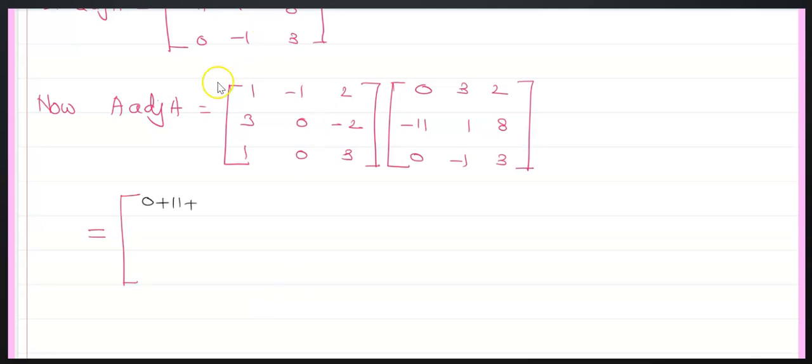Multiply it. First row, first column: 1 into 0 is 0, minus 1 into minus 11 is 11, and 2 into 0 is 0. First row, second column: 1 into 3 is 3, minus 1 into 1 is minus 1, 2 into minus 1 is minus 2. First row, third column: 1 into 2 is 2, minus 1 into 8 is minus 8, 2 into 3 is 6. Now second row, first column, second row, second column, second row, third column, and in this way you can perform the multiplication.